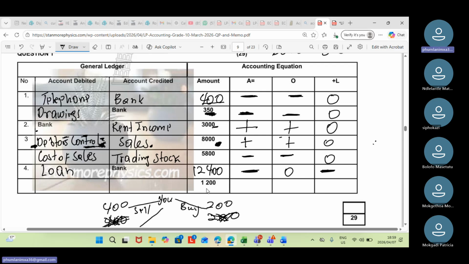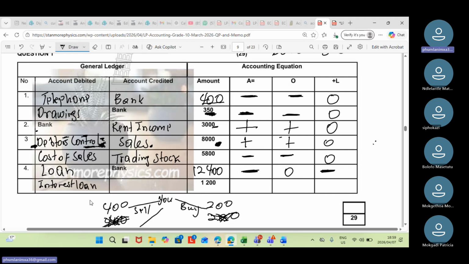And then the second part of that transaction, we have 1,200. That 1,200 was for interest on loan. Interest on loan, guys, an expense. Just know that expenses, they are always debited. Debit interest on loan. We're paying an interest.